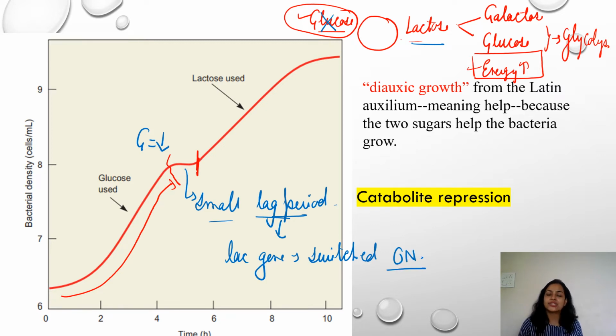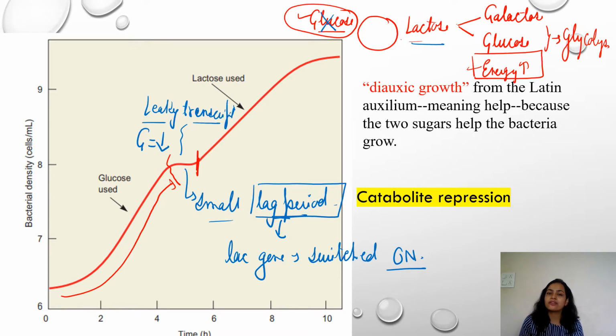So the Lac Operon has to be switched on. That's why during the lag period, the bacteria is just switching on the Lac Operon so that the lac genes can be transcribed and the products of the lac genes can be available. This is also happening because of the leaky transcription. All these things we have already talked about in the previous video.